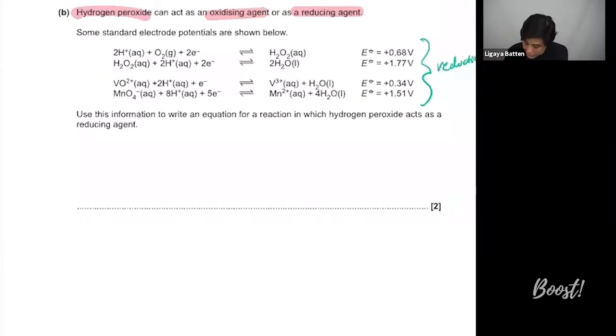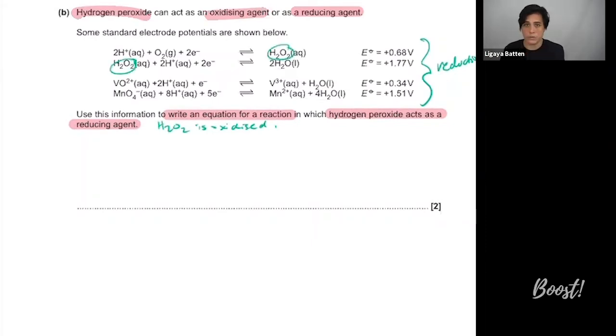And then you want to use that information to write an equation for a reaction in which hydrogen peroxide acts as a reducing agent. So reducing agents reduce other things by being oxidized themselves. So we want to look for where hydrogen peroxide is oxidized. Looking at the equations above, we have hydrogen peroxide here and here.